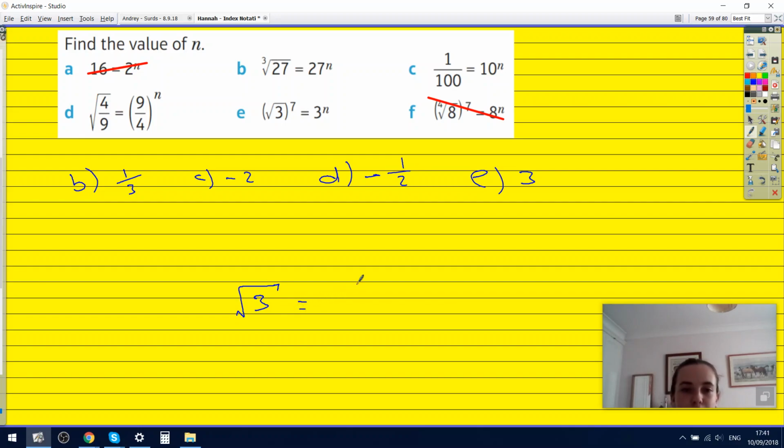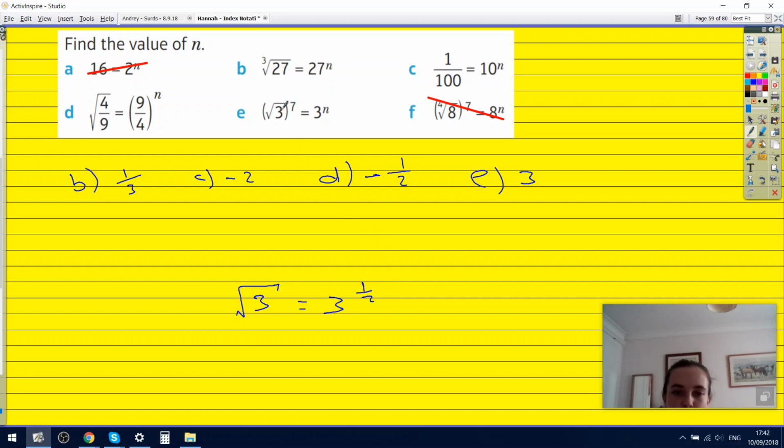What's that same as? 3 to the third. That would be cube root, square root. 1 over 2. Yeah.